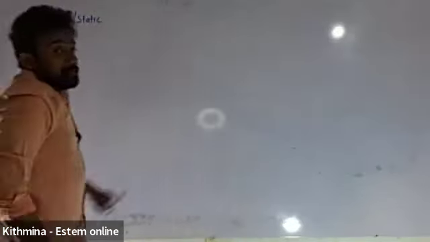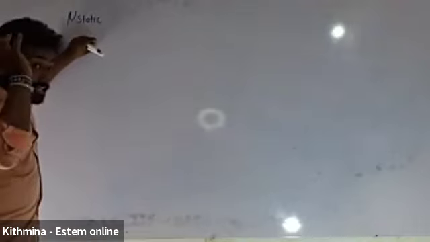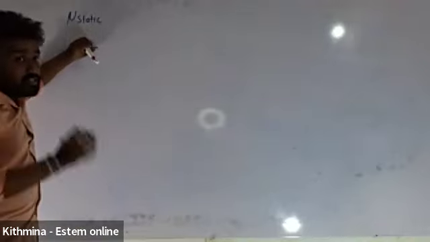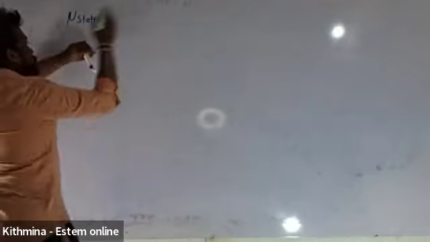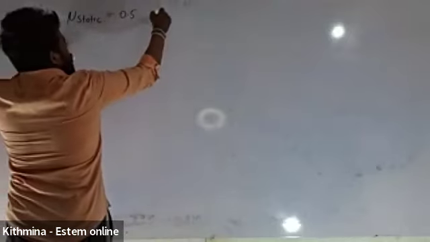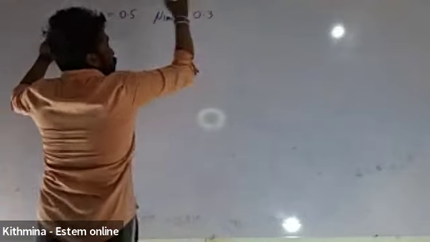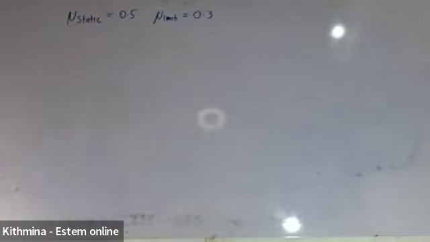They are giving this as static, but it gives the limiting frictional force. This is not static, but they are giving it as static. This is 0.5. Mu limiting equals 0.3.